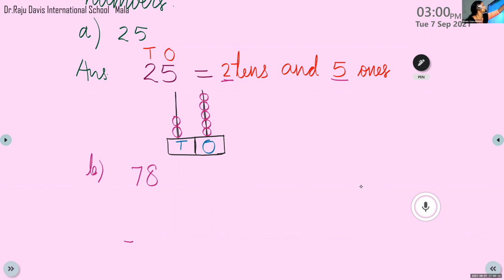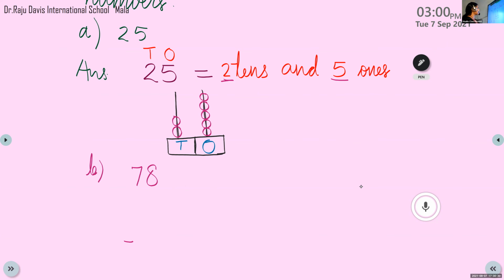Is Mohammed Shamin here? Present. So only Joanna Maria is absent. All others are present.